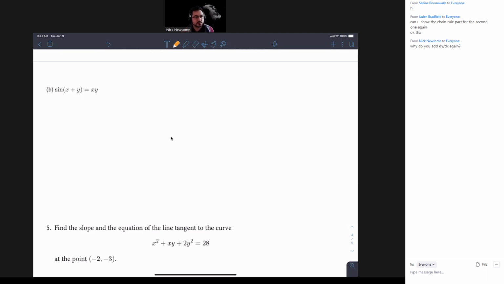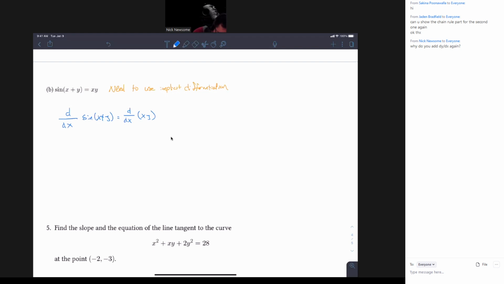So we take a derivative on both sides. On the left-hand side, we're going to have a chain rule, because we have a sine on the outside and then some other function on the inside. So we take the derivative of the outside first.